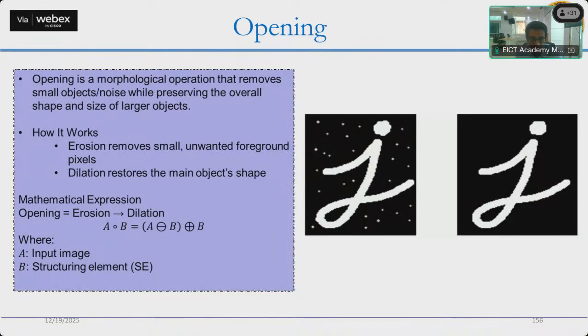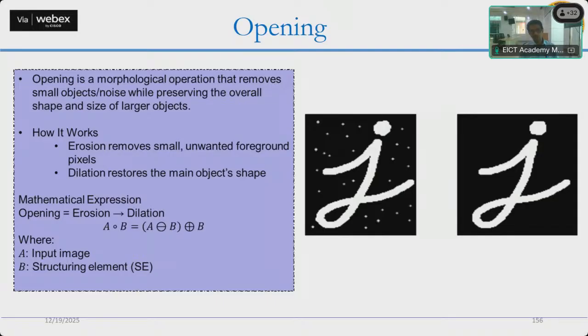Now we see opening. In the case of opening, opening is basically a morphological operation. Now it's not only about shrinking and expanding, it is also about removing the object's noise while preserving the overall size and shape of the larger object.